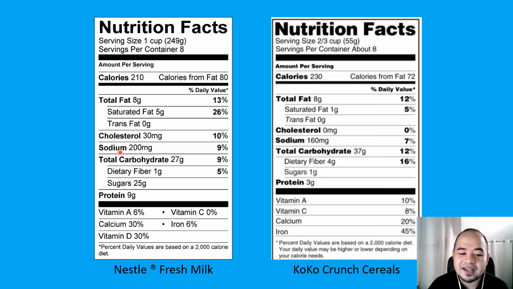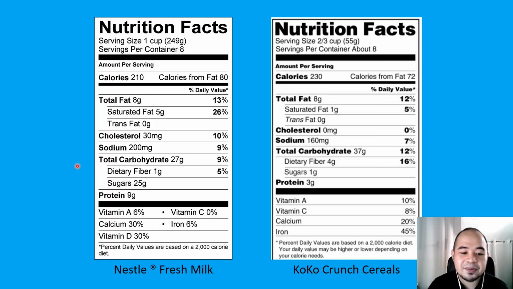Sodium, why sodium here? Dapat nandito siya sa minerals. Well, they try to know the context of the consumers. The consumers want to know the amount of sodium in the product because definitely, lalo na kapag may hypertension ka, dapat extra vigilant ka na dun sa amount ng sodium intake mo.